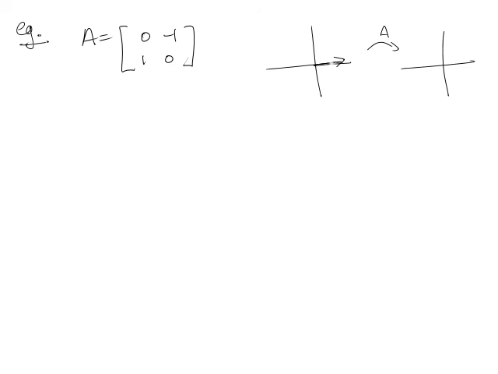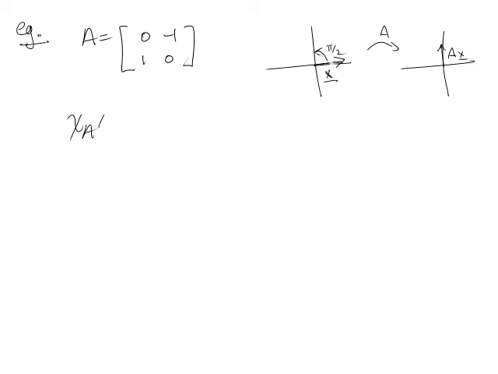Consider the matrix A given by (0, -1; 1, 0). If you think about this for a moment, you'll see that this matrix is just rotation by pi over 2, by 90 degrees. It takes some vector x and rotates it by 90 degrees. Let's calculate the eigenvalues of this matrix.